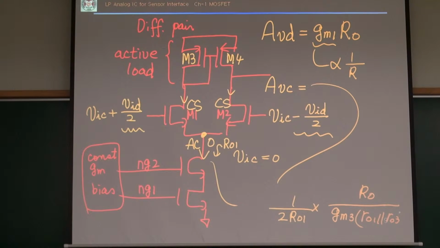So if you compare those two, this low frequency differential mode gain will be much larger than the low frequency common mode voltage gain, right?